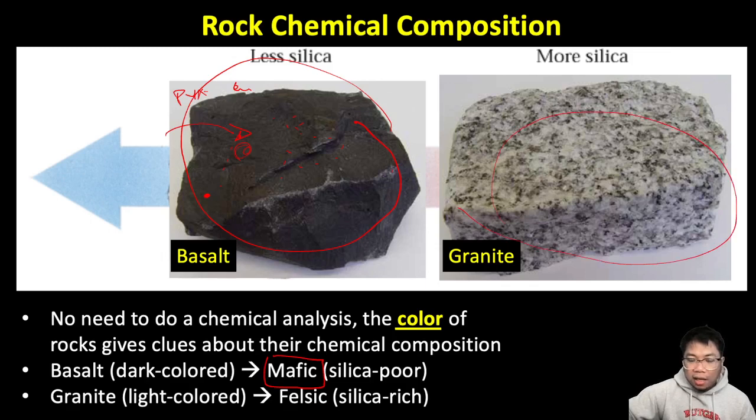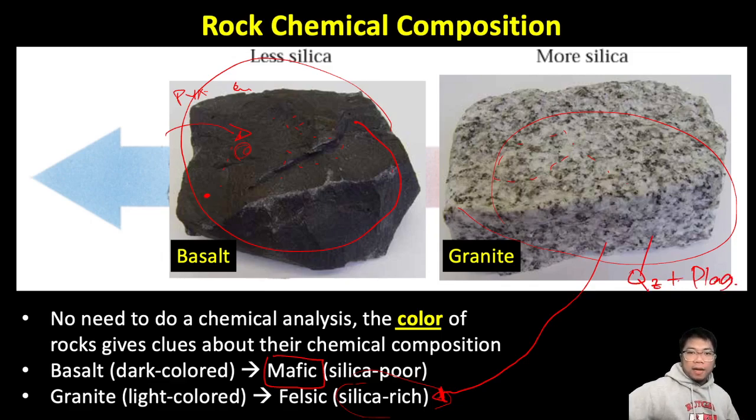That would be the opposite for granite here. Granite is light in color. Because the color is very light, we can assume that it is felsic in composition, or rich in silica, because most of these white minerals are probably quartz or maybe plagioclase.